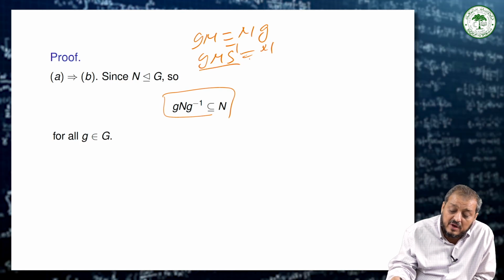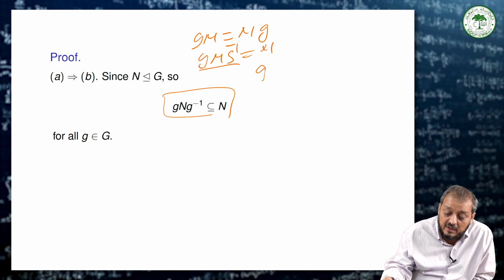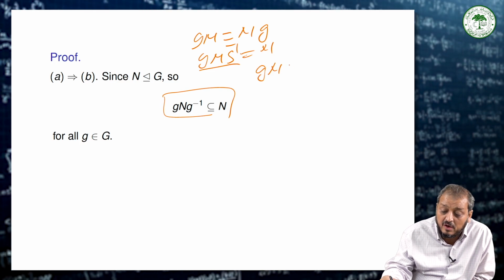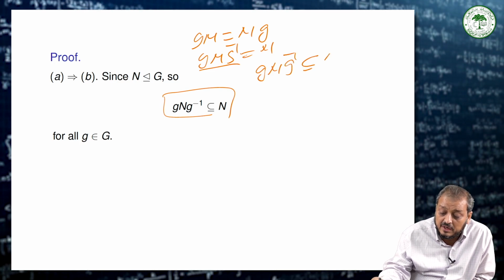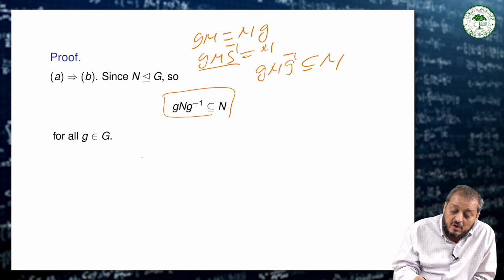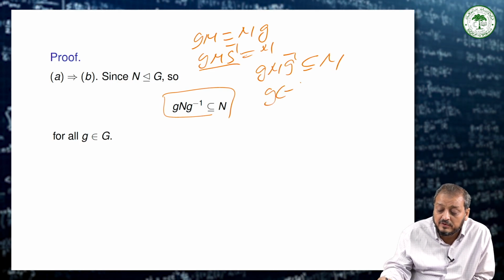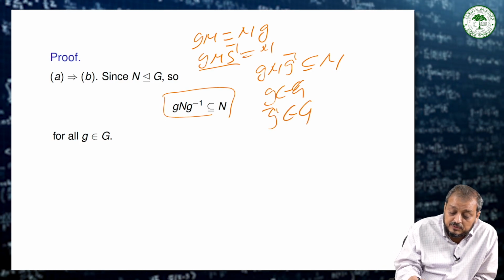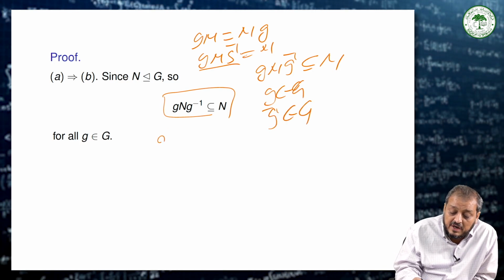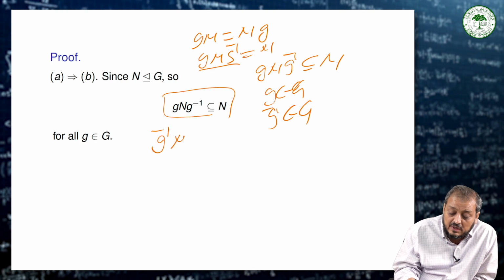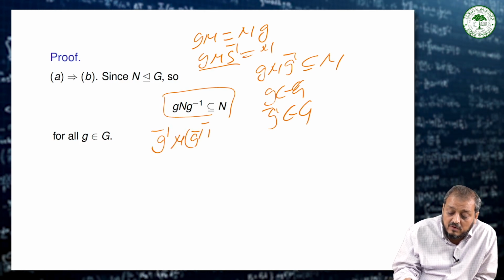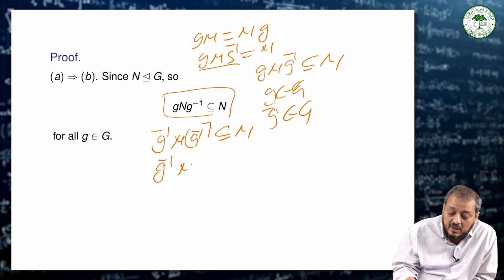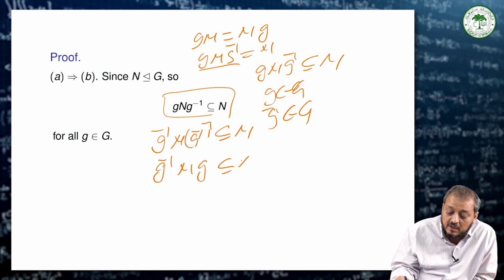So by this property we can say that g n g inverse is contained in N. Now we replace, because g is an element of G, so g inverse is also an element of G. So in place of g we write g inverse, then g inverse n g is also contained in N.